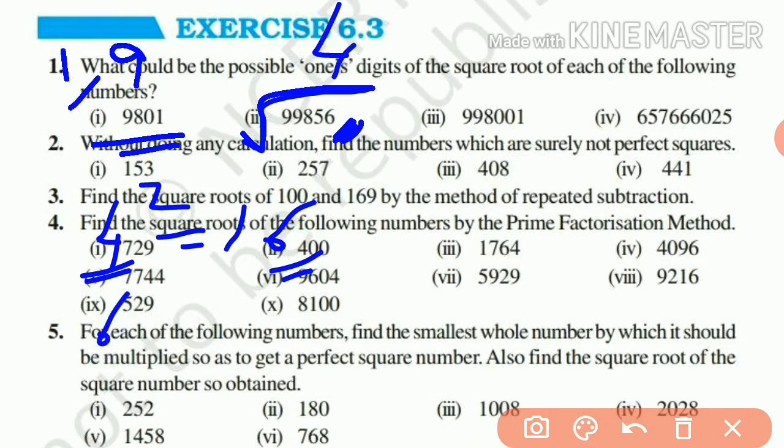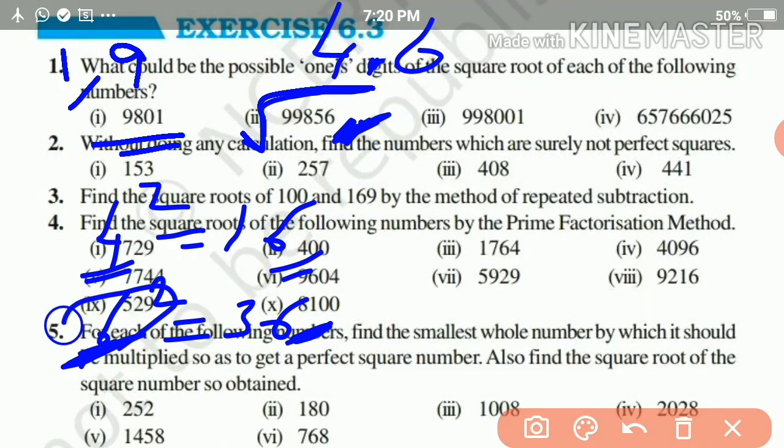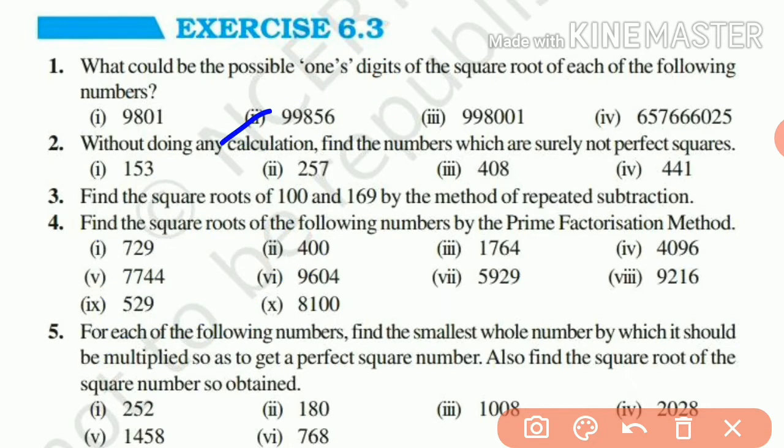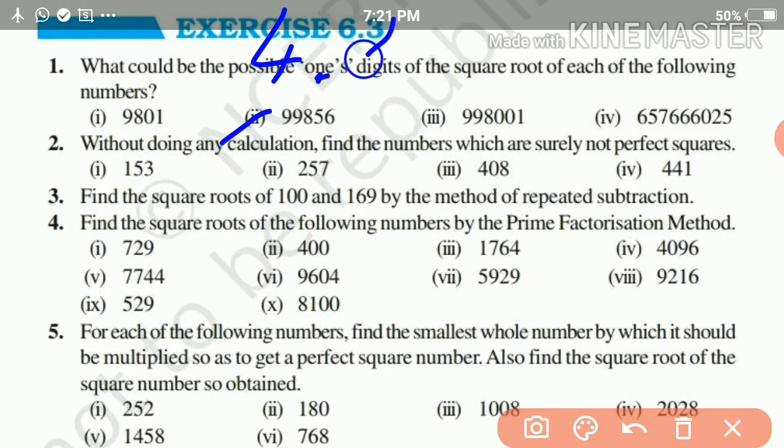The square of 6 is 36, with unit place 6, and here it is 6, so the unit place of the square root may be 6. Similarly we check 9: the square of 9 is 81, which is not possible. The other numbers 10, 7, 8 and so on are not possible. So the answer of this question is 4 and 6.